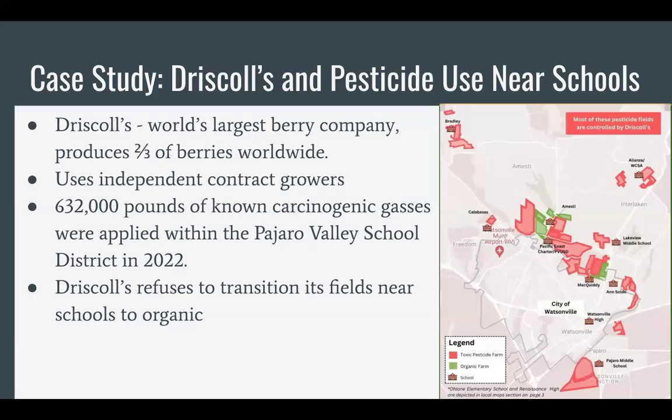So these negative externalities on public health, these can be really complicated situations. And there's this question of who should pay for it and who should take control. Should the government take control and come up with some kind of regulation to protect schools?